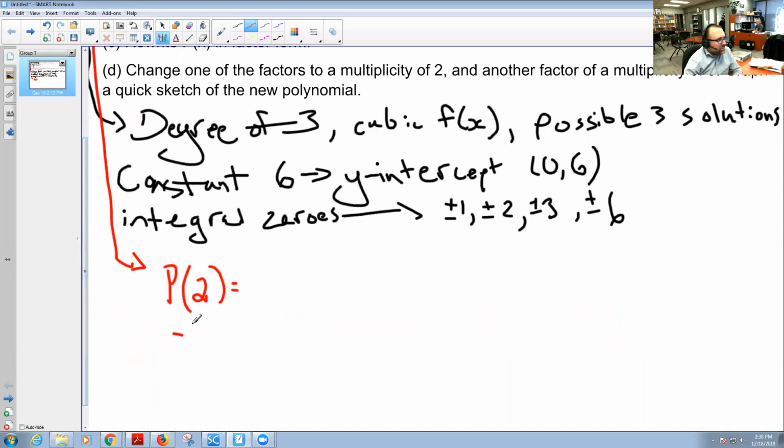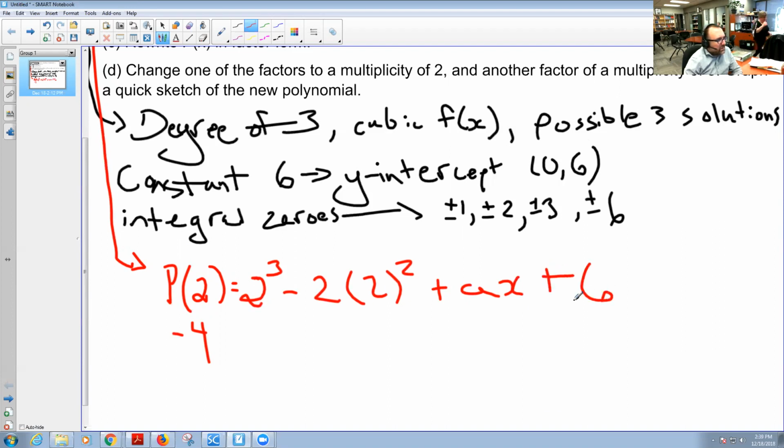So we're going to substitute 2 inside the whole equation here: 2 cubed minus 2 squared plus ax plus 6. P of 2 equals negative 4 because that's the remainder. This is 8, because 2 squared is 4 times 2 is 8, and then we have ax plus 6.